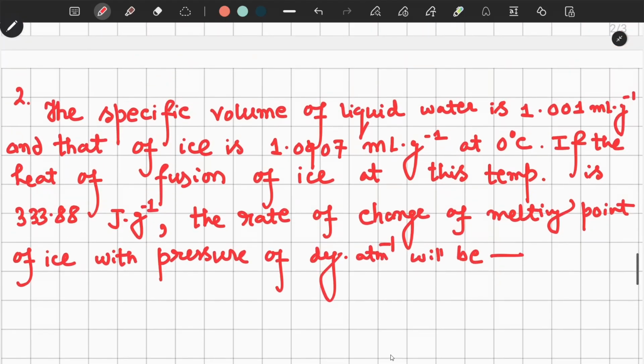Just read it and try to do it. You just have to apply the Clausius-Clapeyron equation or Clapeyron equation, whatever.